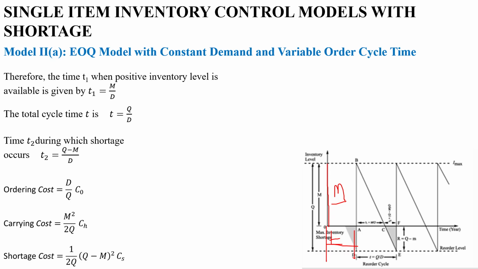So time T2 is when shortage occurs, T2 equal to Q minus M divided by D. Ordering cost equal to number of orders D by Q into C naught, and carrying cost equal to M square divided by 2Q into CH, and shortage cost equal to 1 by 2Q into Q minus M whole square into CS.